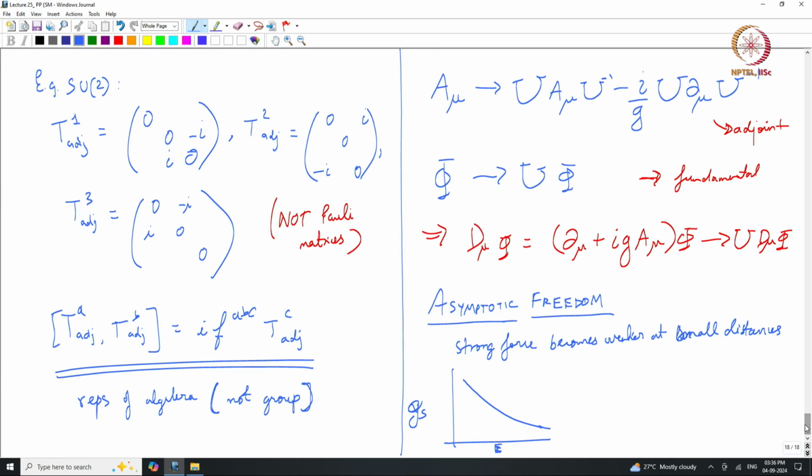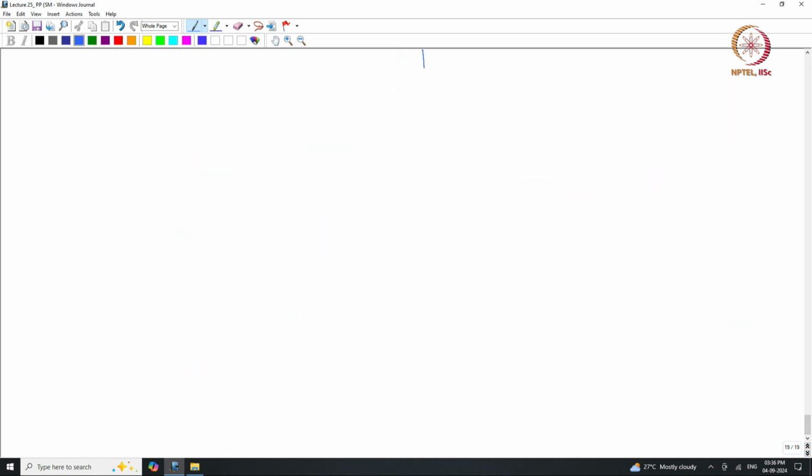Okay, here's an intuitive picture of that. For that, let's try to remember the concept of charge screening. Remember charge screening in electromagnetism, Debye screening as an example, right? So what is the screening here?